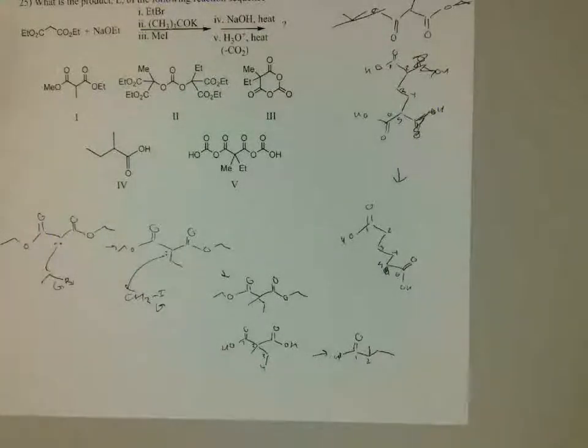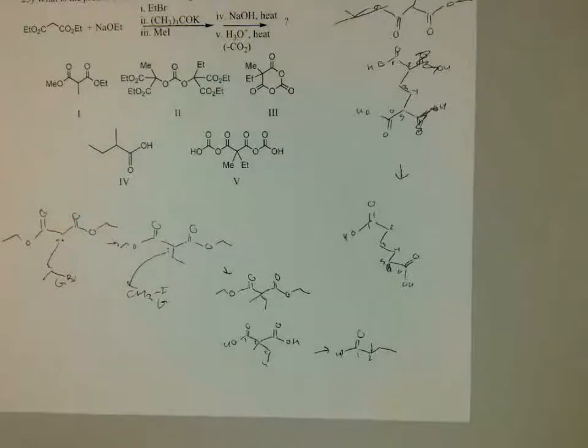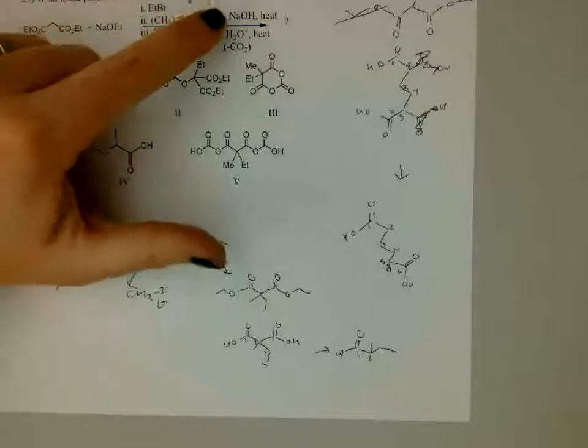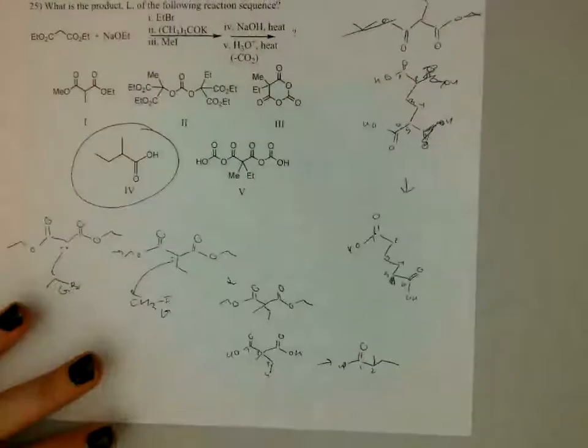And I believe that would be, let's see, answer choice D. And you could solve these problems pretty much as long as you know that once you apply the heat and do the CO2, you're going to get a carboxylic acid, and that's going to go away. The only one of those that has that looks like answer choice D. So you can use that kind of thing to eliminate wrong answers.